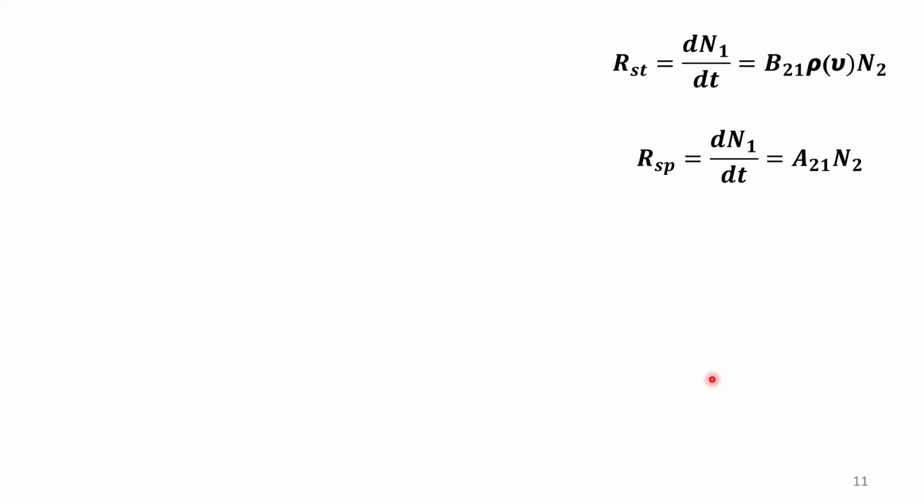But we know that we have already obtained these relations: the rate of the transition of the stimulated emission is equal to B21 into rho nu into N2, and the rate of the transition of the spontaneous emission is equal to A21 into N2. Here B21 and A21 are the Einstein's coefficients during the stimulated emission process and the spontaneous emission process.